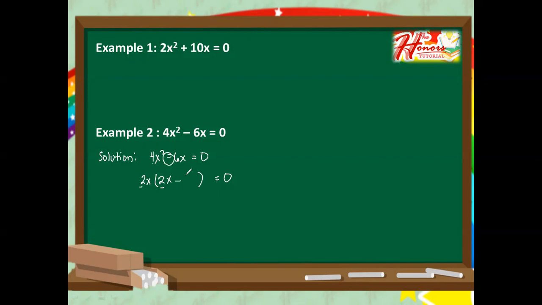So that's minus 6x divided by 2x, and that is 3. Because 6 divided by 2 is 3, and then x divided by x is cancelled. So you have here 3.